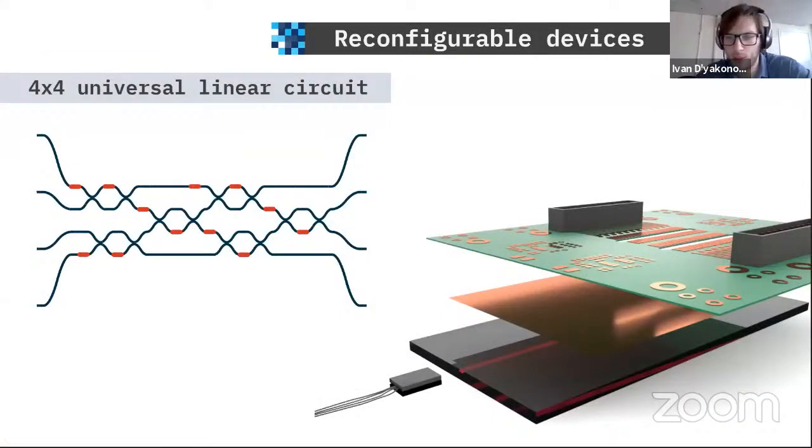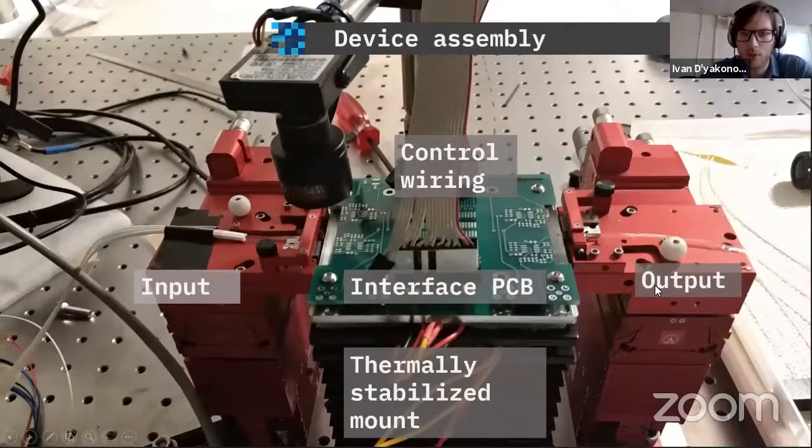What we have demonstrated with this technology is the 4x4 universal device, which looks like this. We have a board on top, of which we have a photo. Here we have it assembled. The chip sits underneath the PCB board over there.